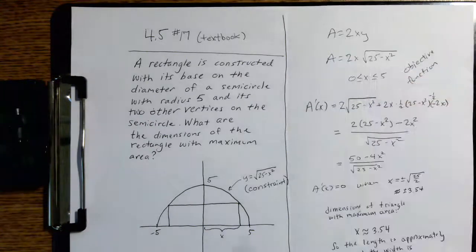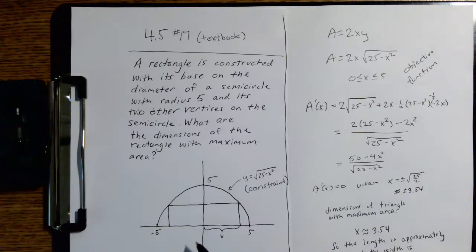Okay, so notice here, by the way, I labeled a certain part of this picture as x. It's really half of the length of this rectangle, but the x-coordinate of this vertex up here would be x, and the y would be equal to this.